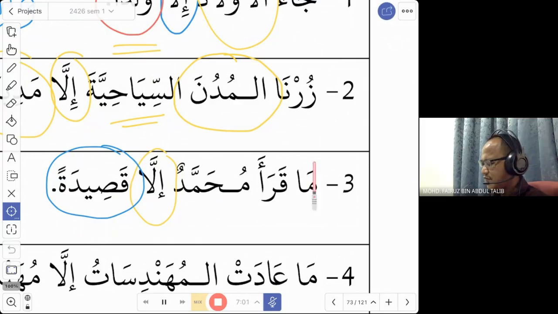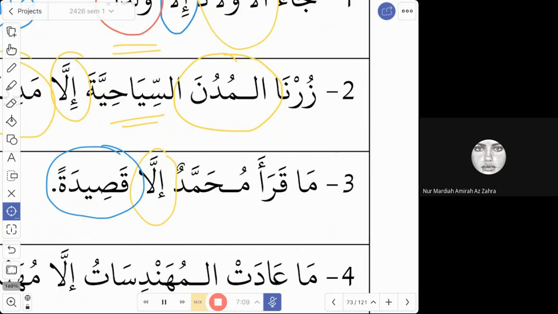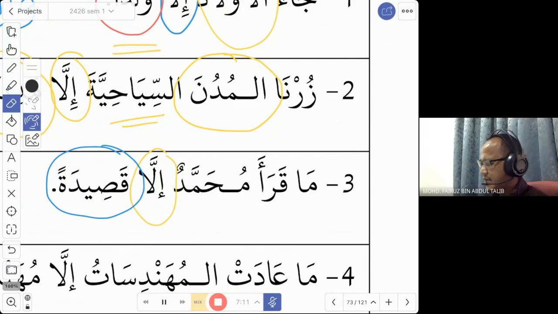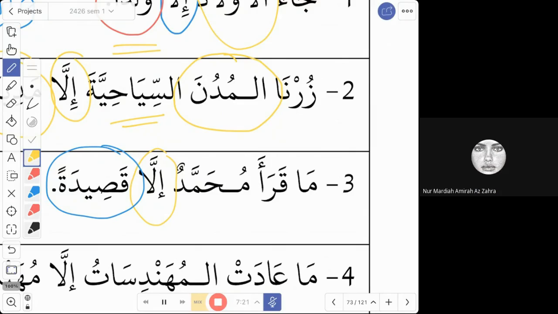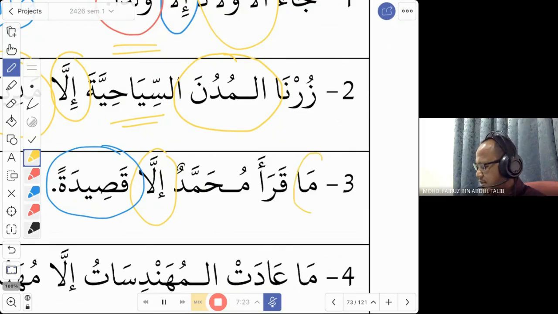The jumlah is manfiya, and there is no mustasna minhu. What is the hukum? It depends on its position. Yes, correct. So what is its position so that we can justify qasidatan? Maf'ulun bih. Yes, let's check.